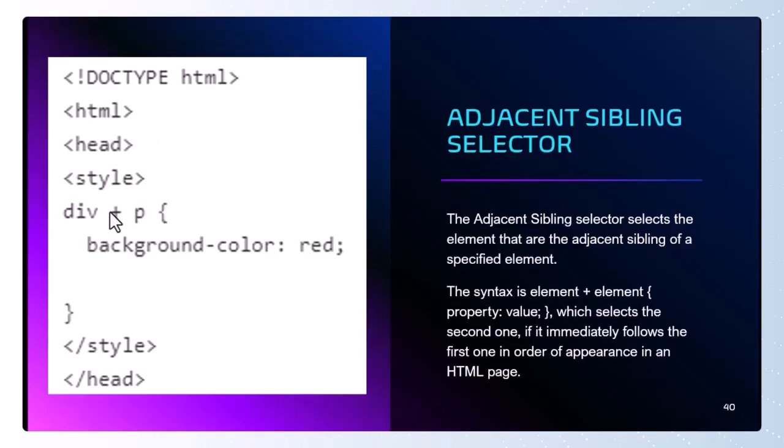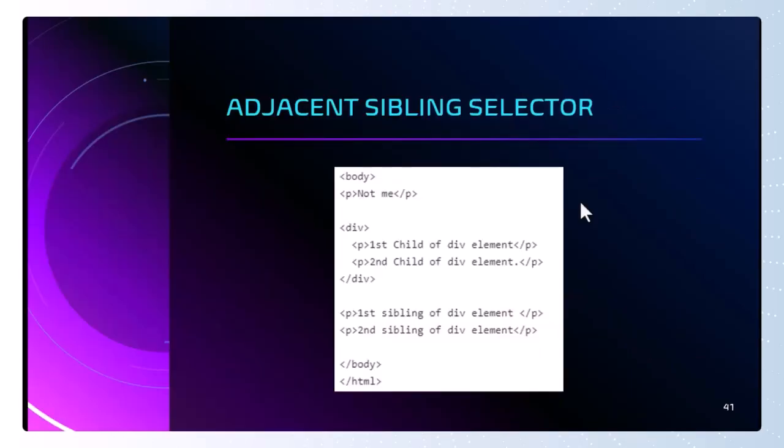So you have div plus P. So that's the adjacent sibling P. So here you have a P with not me. Inside the div, you have a first child of div and a second child of div. Then the P with the first sibling and P the second.